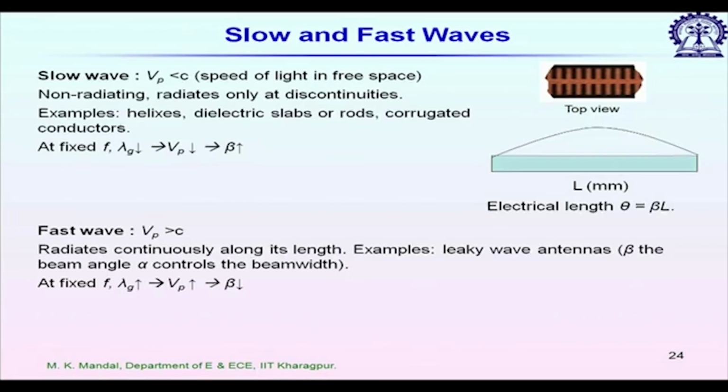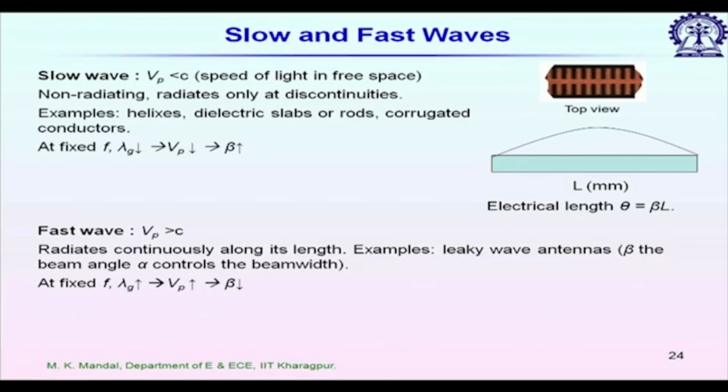Just opposite to this is the fast wave, where the phase velocity is more than that of light in free space. The disadvantage of fast wave is that it radiates continuously along its length if it is a semi open structure.